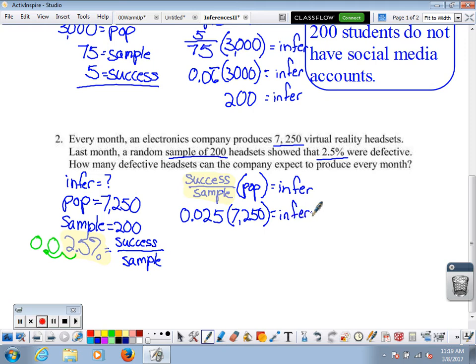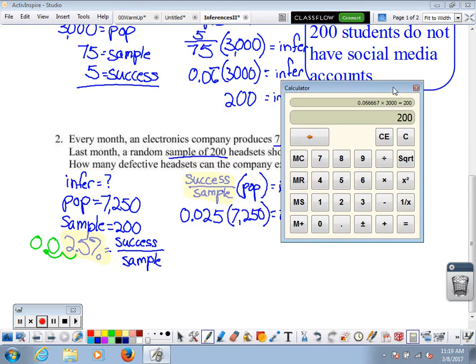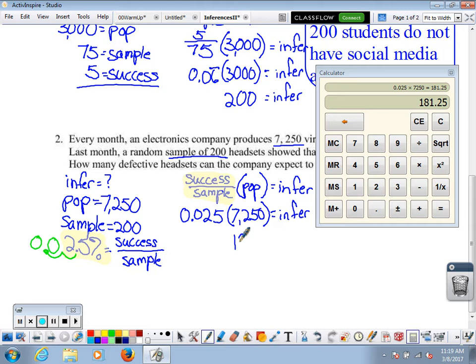Now, if we come over to the calculator and we do 0.025 times 7,250, we'll get that our inference is 181.25.